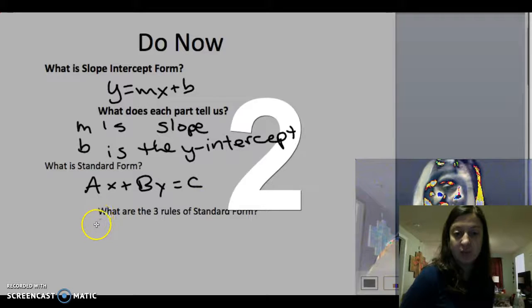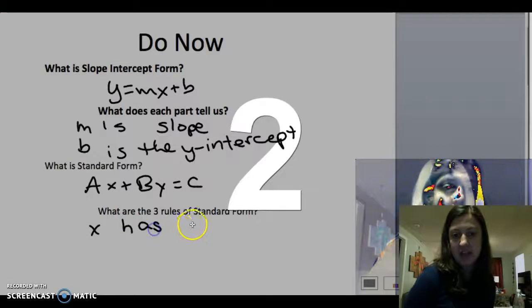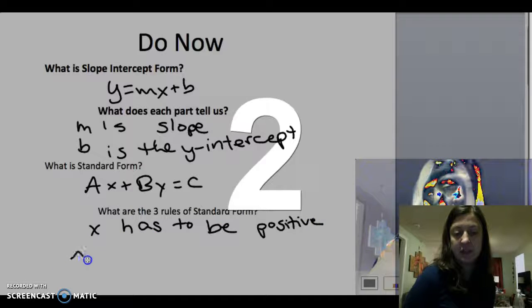What are the three rules? X has to be positive, or A, either way. X has to be positive is rule number 1. Rule number 2 is there can be no fractions or decimals anywhere. Make sure if you don't have these, you write them down.